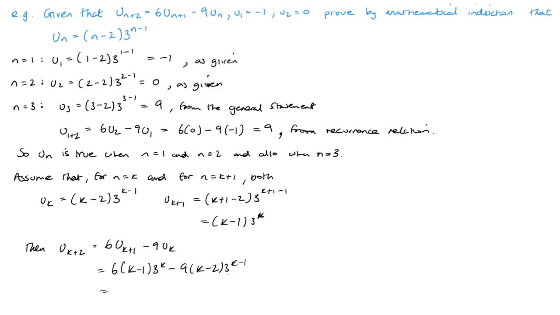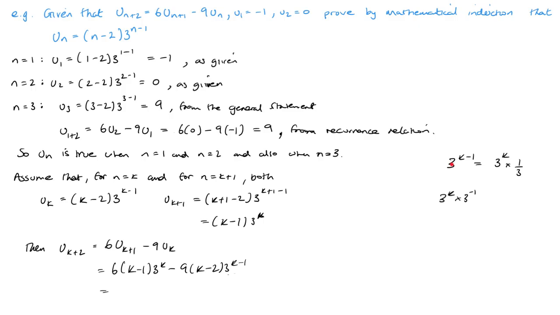Now, 3 to the k minus 1 is the same as 3 to the k times by 1 over 3, isn't it? Because it's 3 to the k times 3 to the minus 1, which is a third. Now down here I've got a 9 in front.